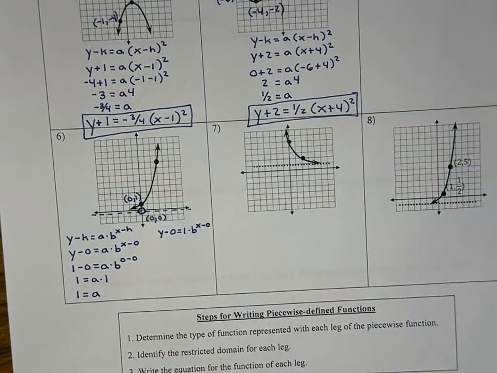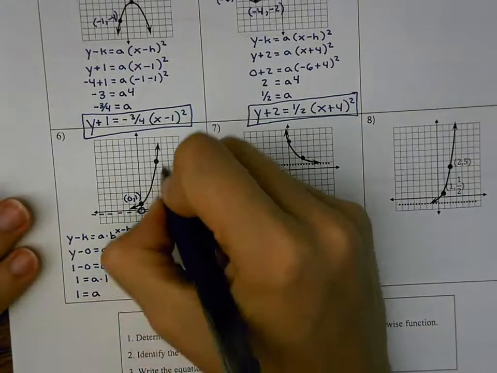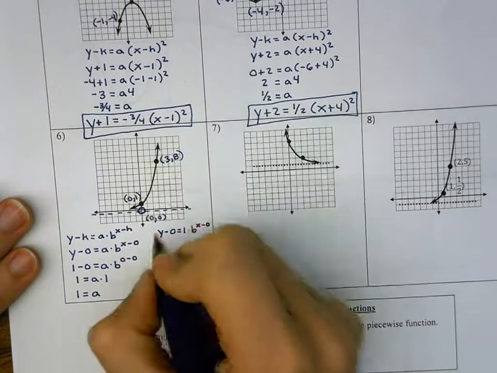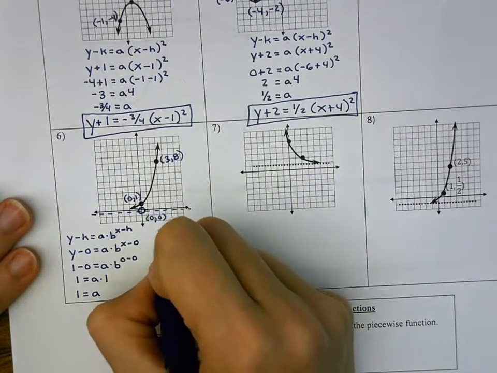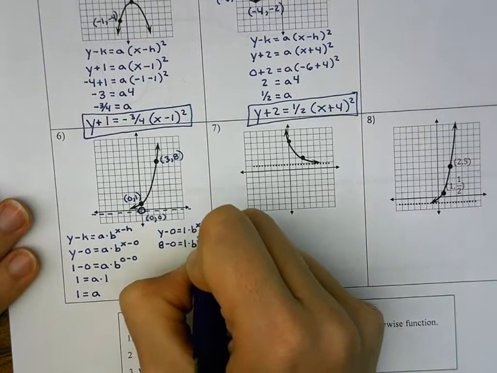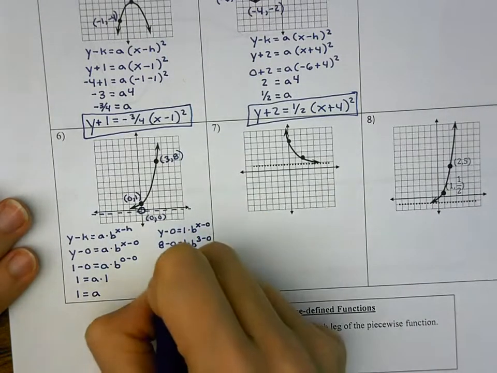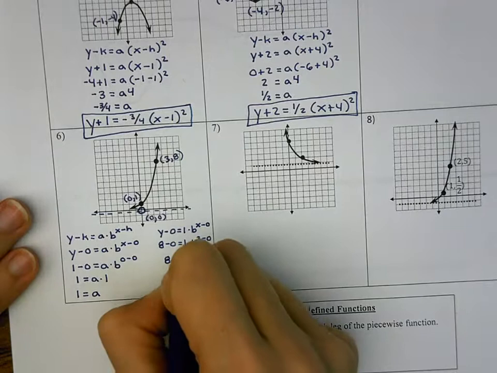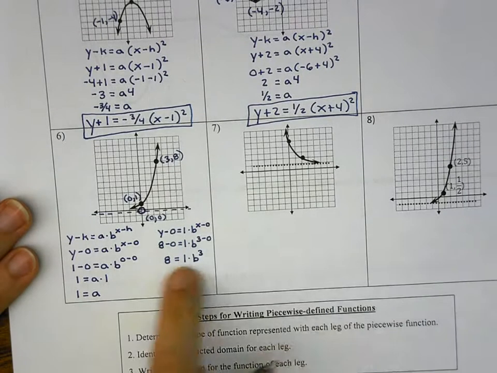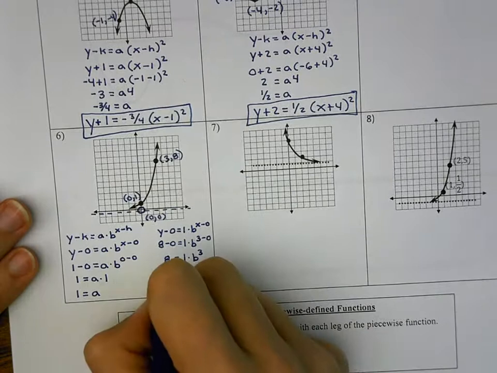Okay, and then we do it again, this time to solve for b. My other coordinate point is out here at 3, 8. Okay, so y is 8, x is 3, 8 minus 0 is 8. We get 1 times b cubed. Dividing that 1 over, 8 divided by 1 is 8.